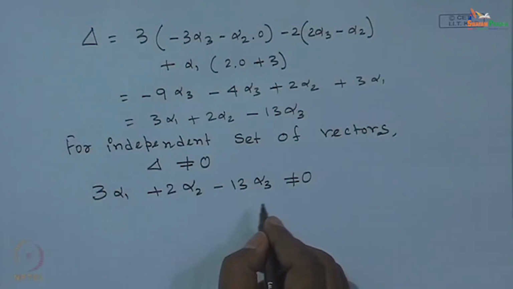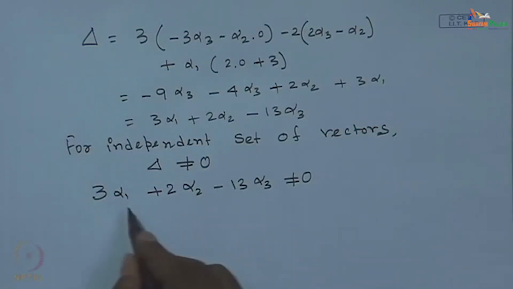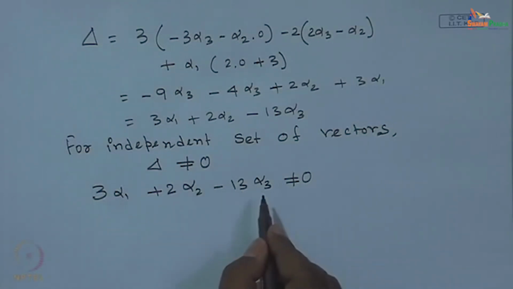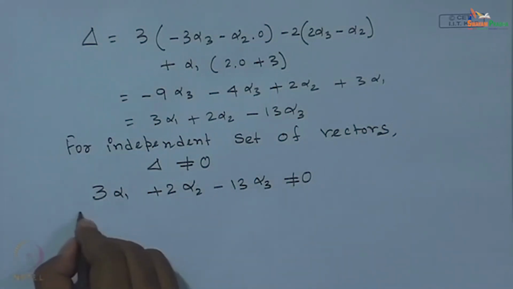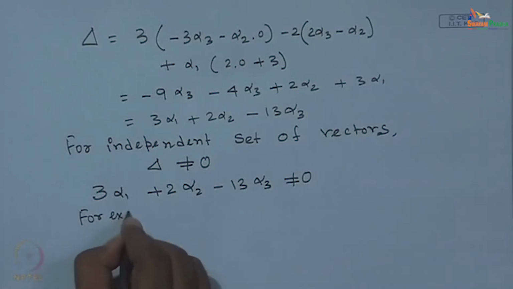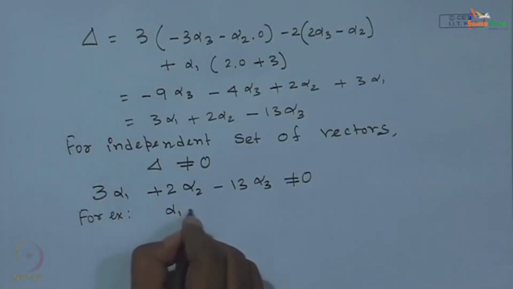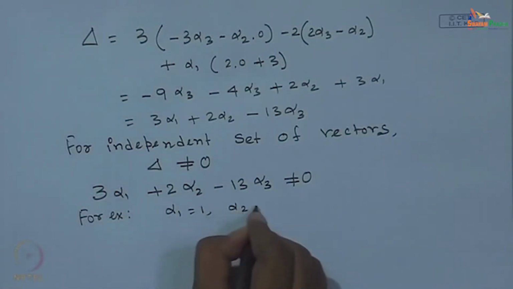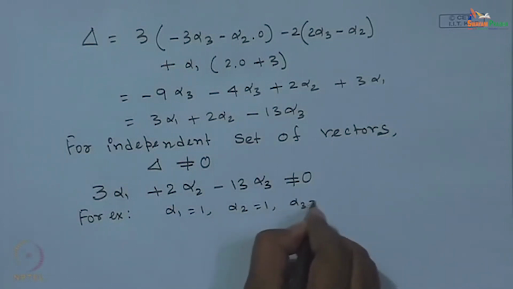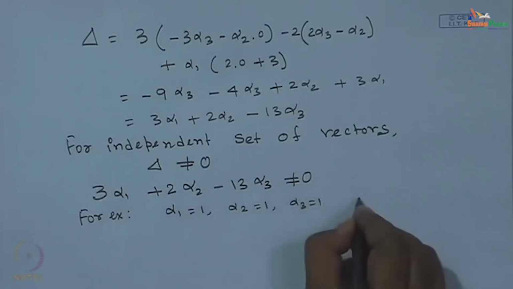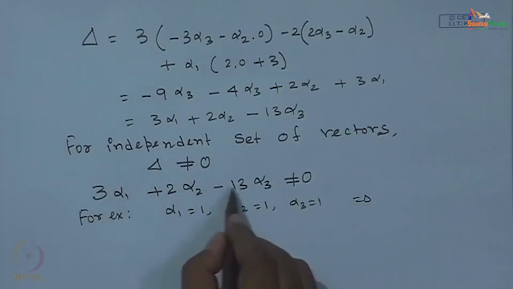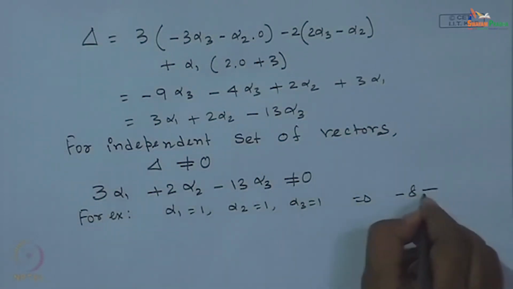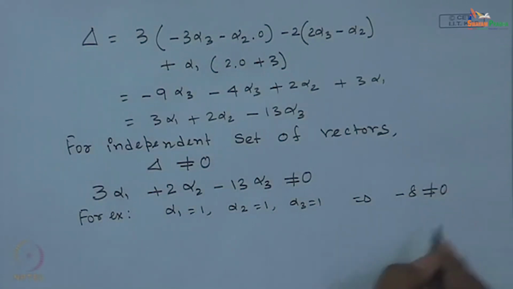We can assume any values of alpha 1, alpha 2, alpha 3 such that this inequality is satisfied. For example, if alpha 1 is 1, alpha 2 is 1, alpha 3 is 1, we get 3 plus 2 is 5, 5 minus 13 is minus 8, which, of course, is not equal to 0.